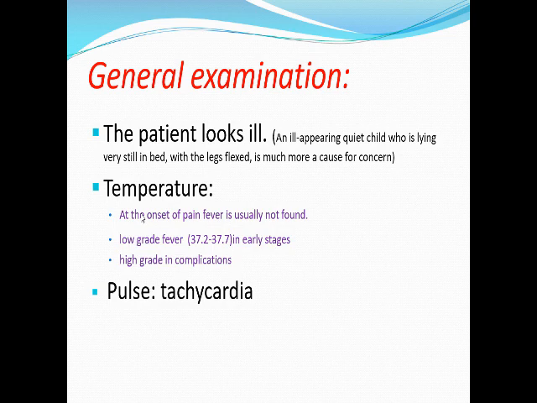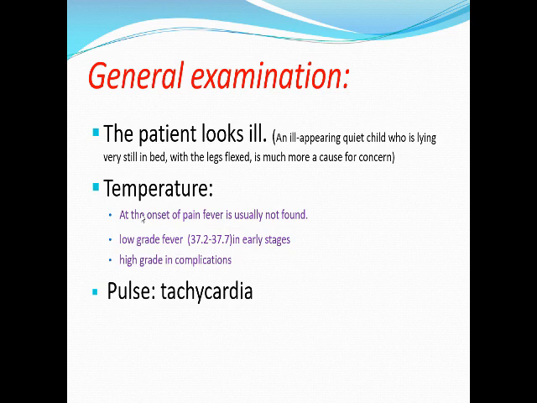Okay? What about the temperature? It's inflammation. But one of the characteristics of appendicitis is that when it starts, usually there is low-grade fever, less than 38 degrees centigrade. If the condition started with high-grade fever, it might be something else rather than appendicitis.